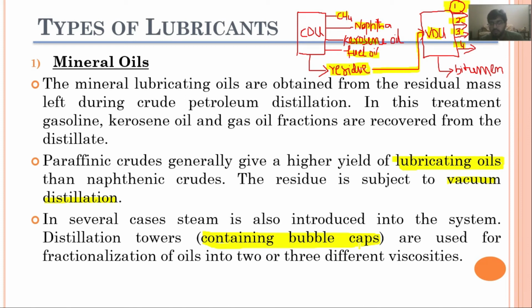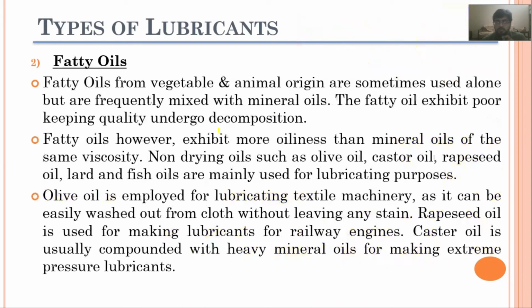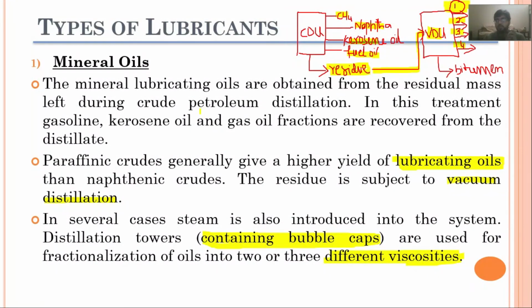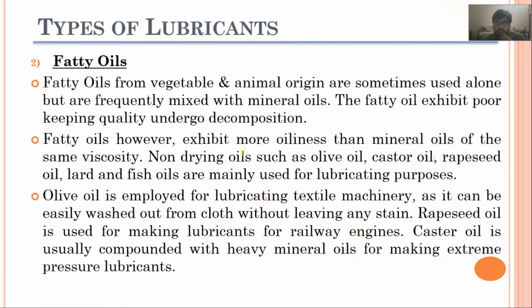And then they will basically make different fractions of this lubricating oil, and these different lubricating oils will have different viscosities as well. So that is how the mineral oils are being manufactured. That is how the mineral oils are being made by the refining of a crude oil.